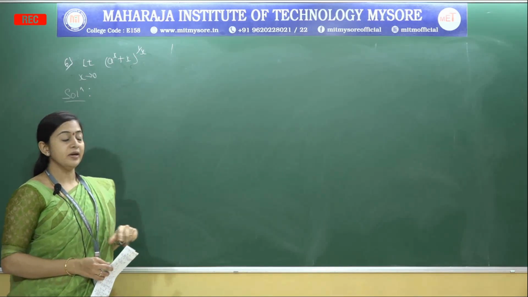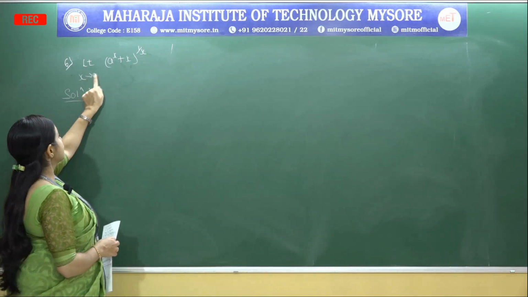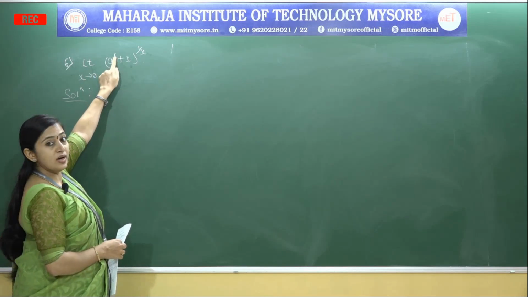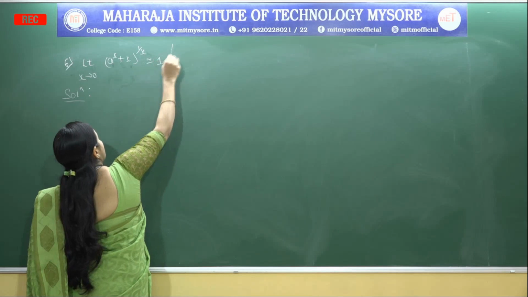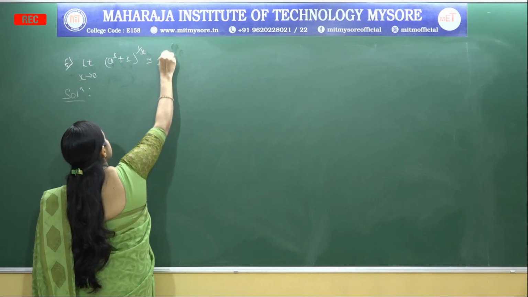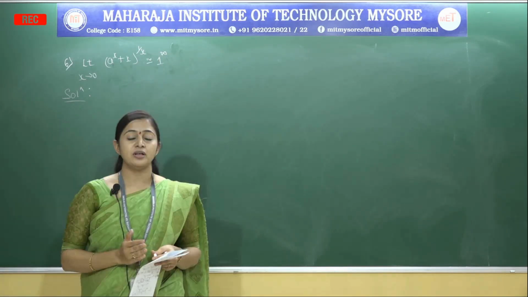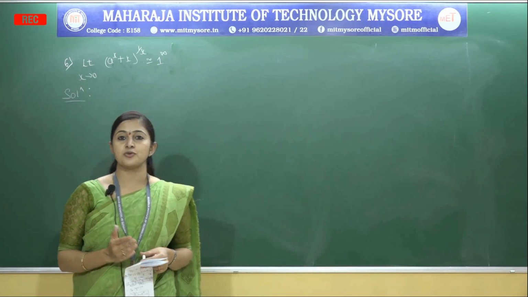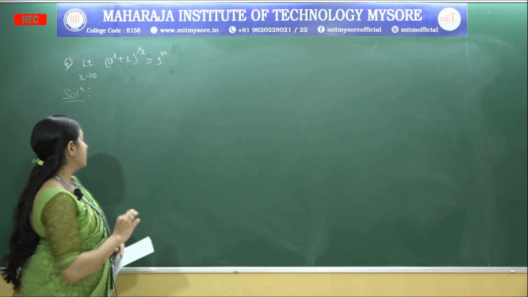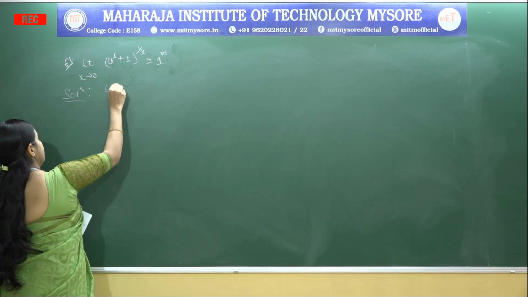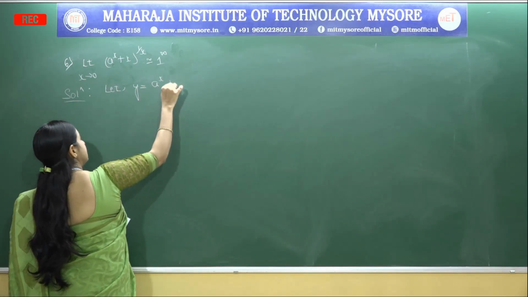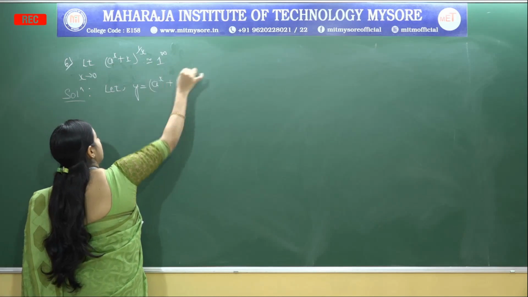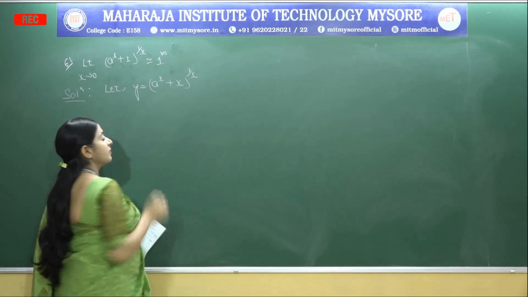So first you apply the limit as x tends to 0, a power 0 is 1, 1 plus 0 you will get the 1. Again 1 by 0 is infinity. So the given indeterminate form is 1 power infinity. First you take the given term as y, let y equals a power x plus x power 1 by x.